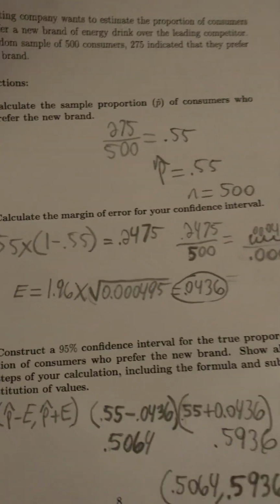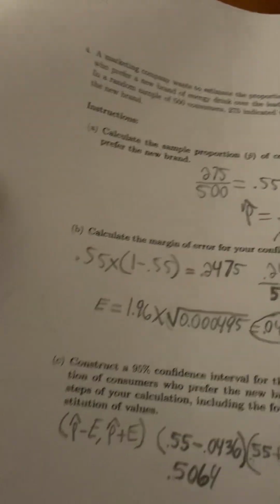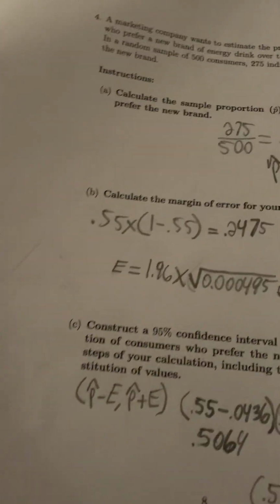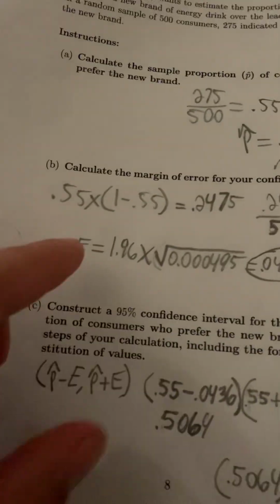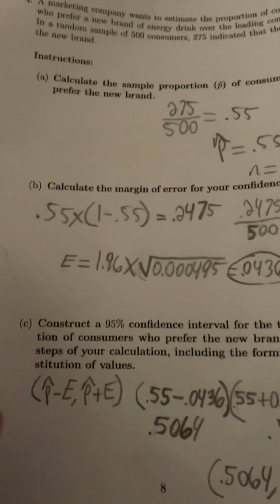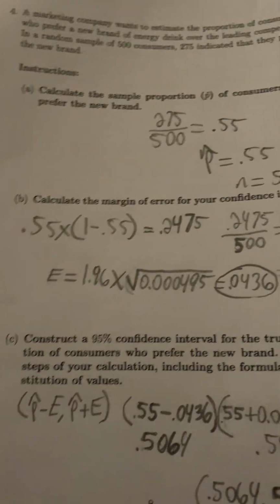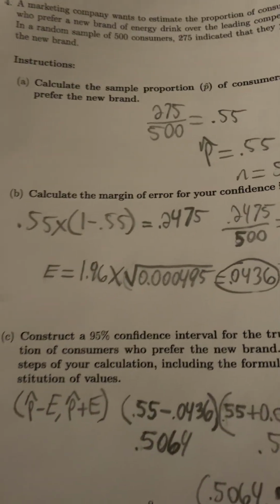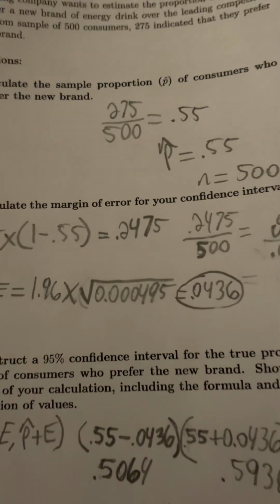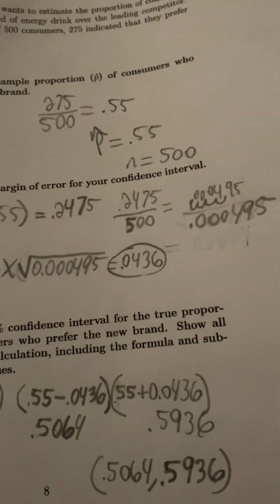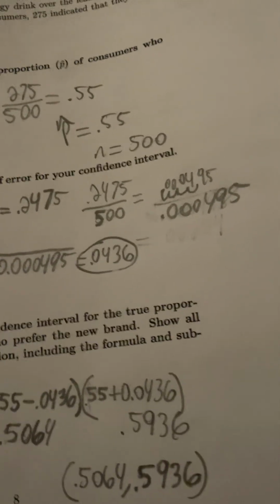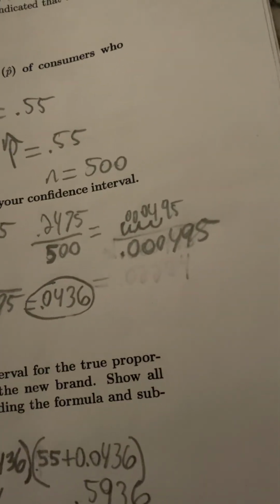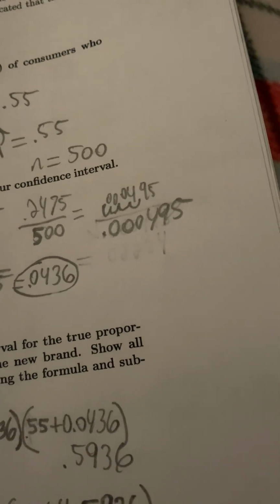Calculate the margin of error for your confidence interval. So this is the formula right here. It's p-hat times 1 minus p-hat, divided by n. This is 0.55 times 1 minus 0.55. That gets you 0.2475. You divide that by the sample size, n, and that gets you 0.00495.